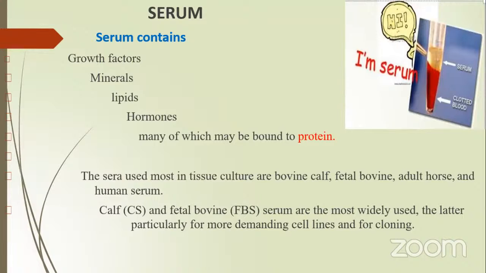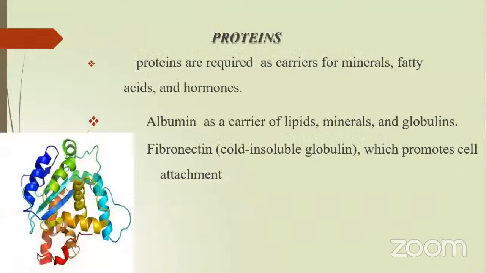That means they don't grow in any other serum, but only in the serum of that particular organism. For example, if you are taking cell lines from the human, we have to supply the serum of the human itself; then only the cells will grow. Some types of cells are like that. If the cells are not like that, you can use calf serum or fetal bovine serum.